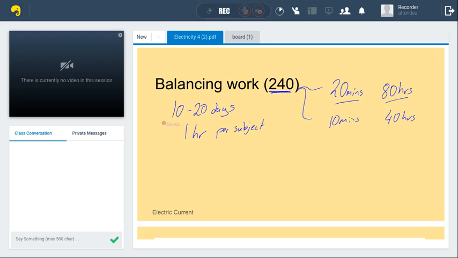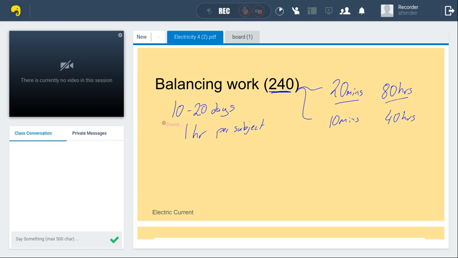Now, that's being very optimistic. So that whole leaving things until the end of the school year, it works for some people, but it doesn't for most. So balancing work is important.